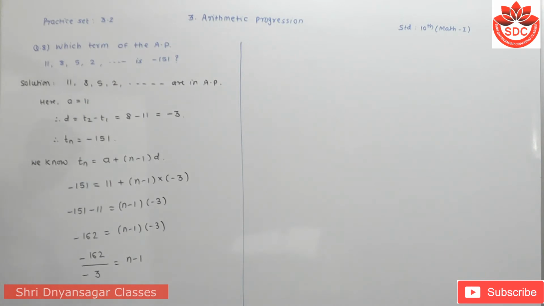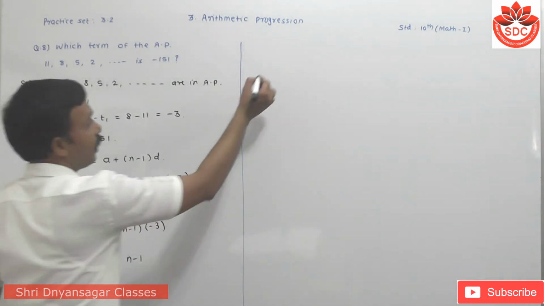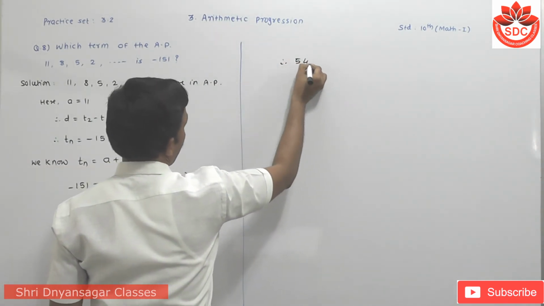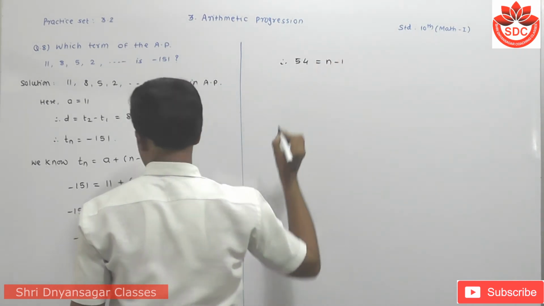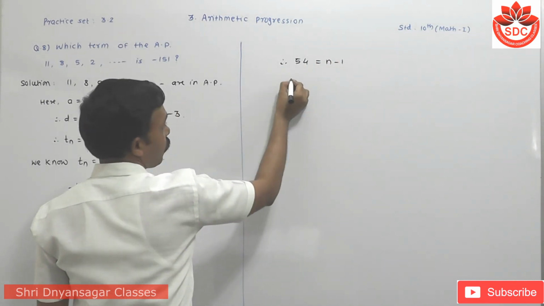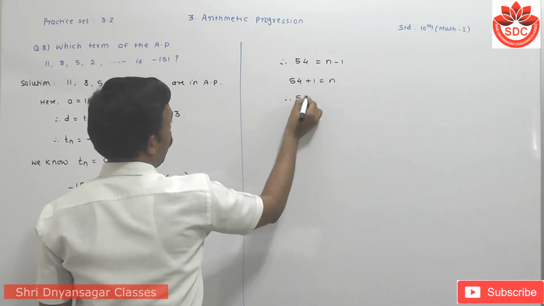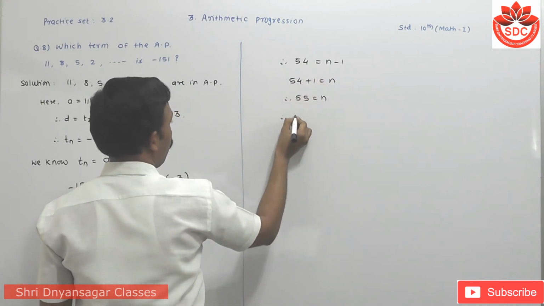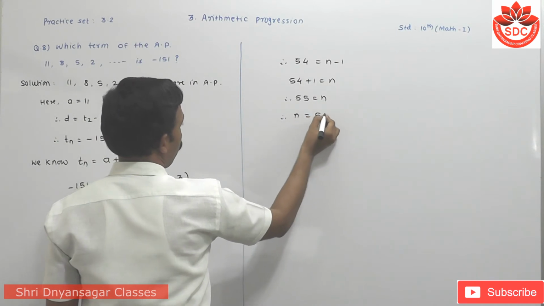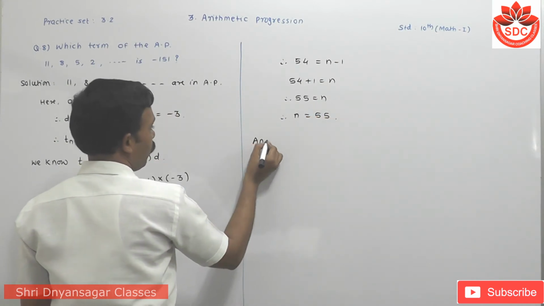Student, minus minus plus, 3 1s are 3, 3 5s are 15, carry 1, 3 4s are 12 plus 1, 13. Means that 54 is equal to n minus 1. Because minus minus plus. Then again transpose here, 54 plus 1 is equal to n. 55 is equal to n. Therefore, n is equal to how much? 55. Answer in full sentence.